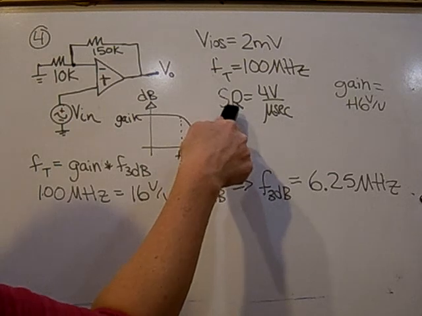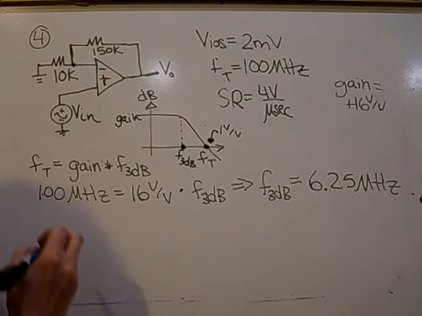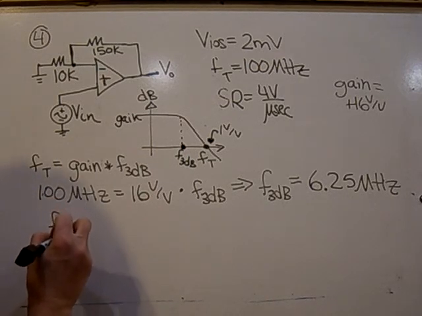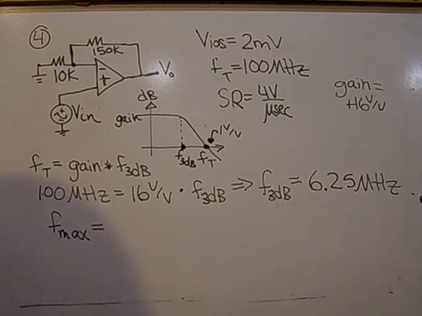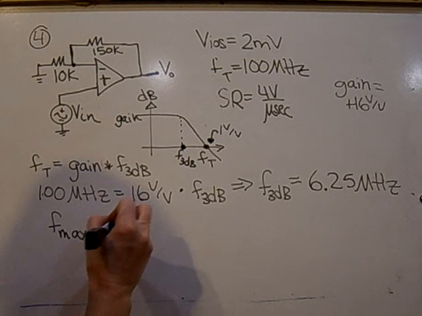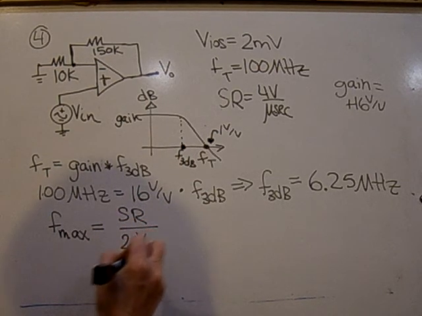From the slew rate, which also has a frequency effect, the limitation is that the maximum frequency is the slew rate divided by 2 times pi times the peak value at the output.